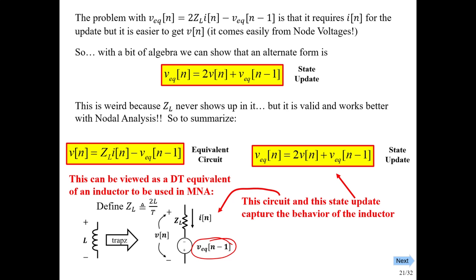We saw the same thing for the capacitor circuit. So this circuit is what we replace our inductor by. Everything becomes discrete, and we have to include a state update. Again, I should probably be putting quotes around that state word there, but let's just run with it.